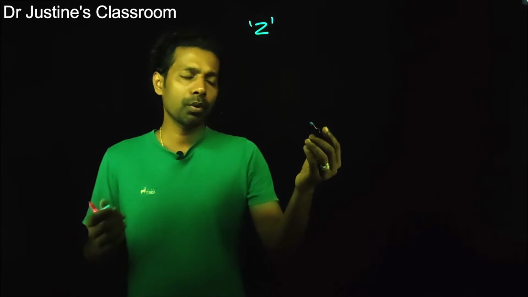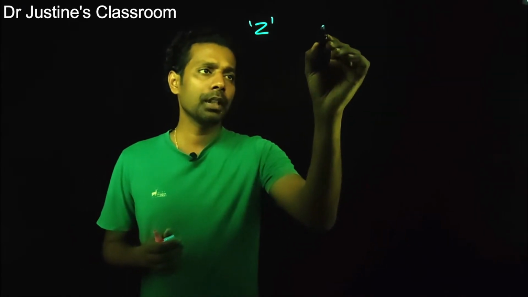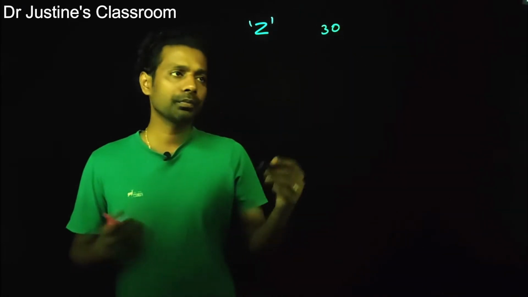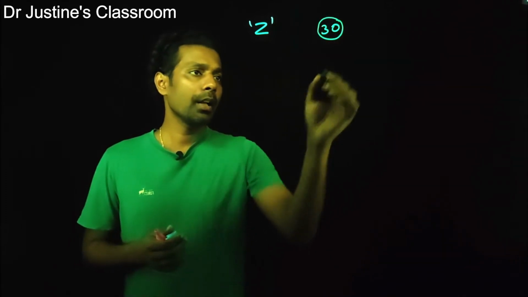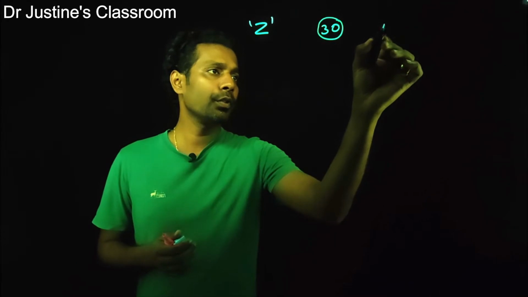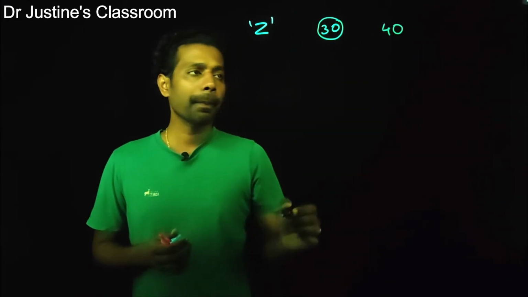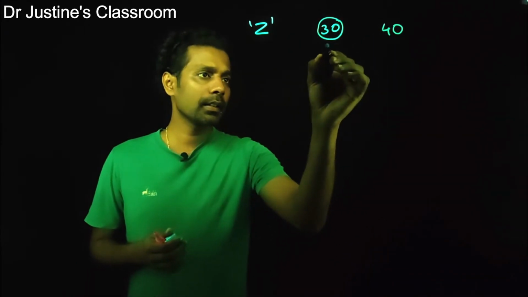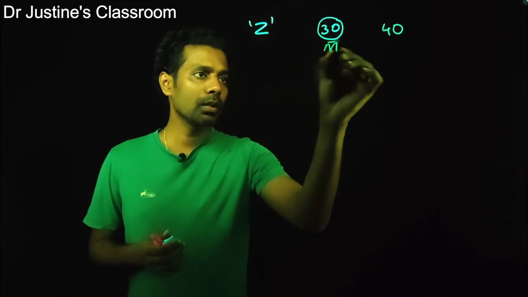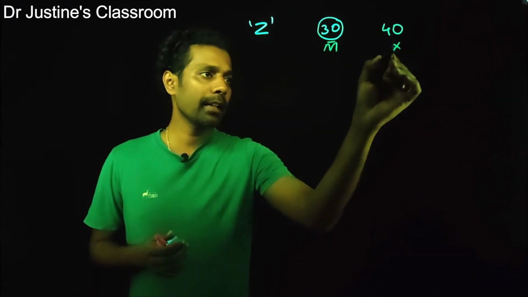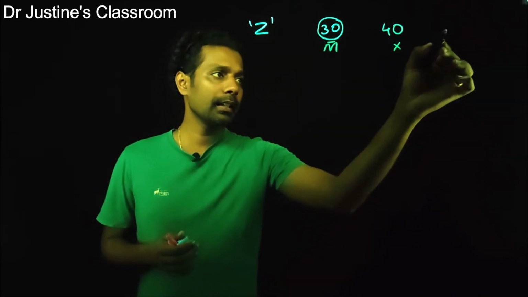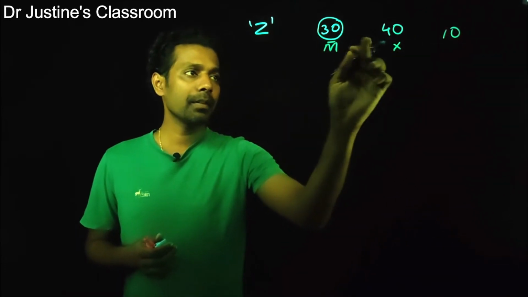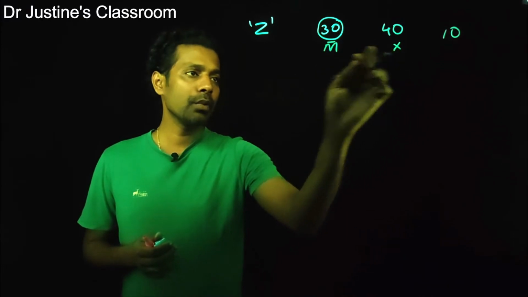What if your mean is 30, a particular sample mean is 30, and you have a score of 40? Now how much is this score x deviated from the mean? That is 10, right? 10 deviation from the value to the mean.